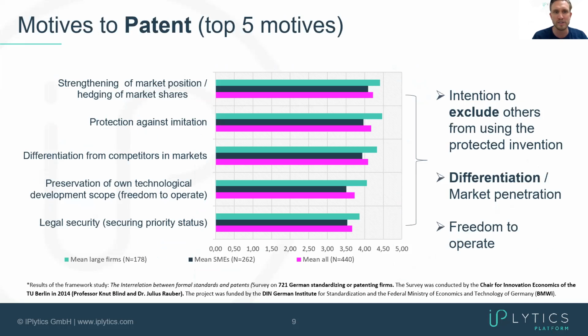However, another thing which is interesting to look at is that the TU Berlin did a survey, and they asked the companies in the market about their motives to patent and their motives to standardize. The main motive to patent, similar to the definition, is excluding others from using their invention, differentiation in the market, freedom to operate, meaning they want to secure a certain market with patents to operate in that market.